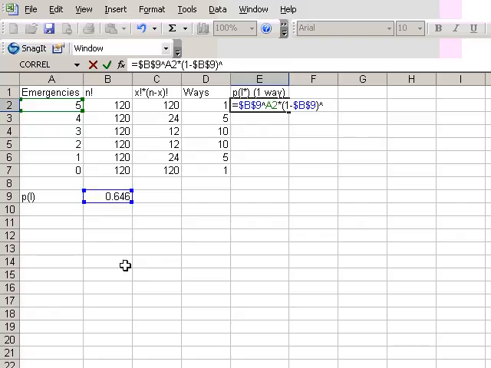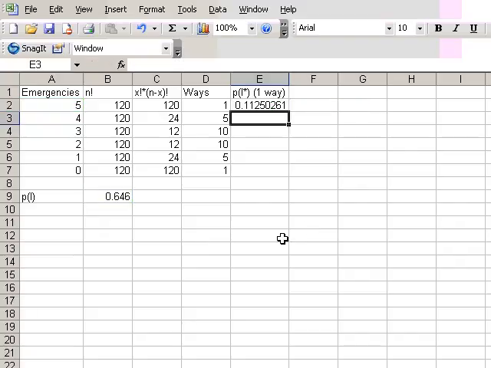raised to the power of the number of total visits minus the number that we see in this case. And when I hit enter, I see that that probability is 0.1125, but in order to make it essentially equivalent to formula 5.12, I will reduce the number of decimal places and it becomes 0.113.